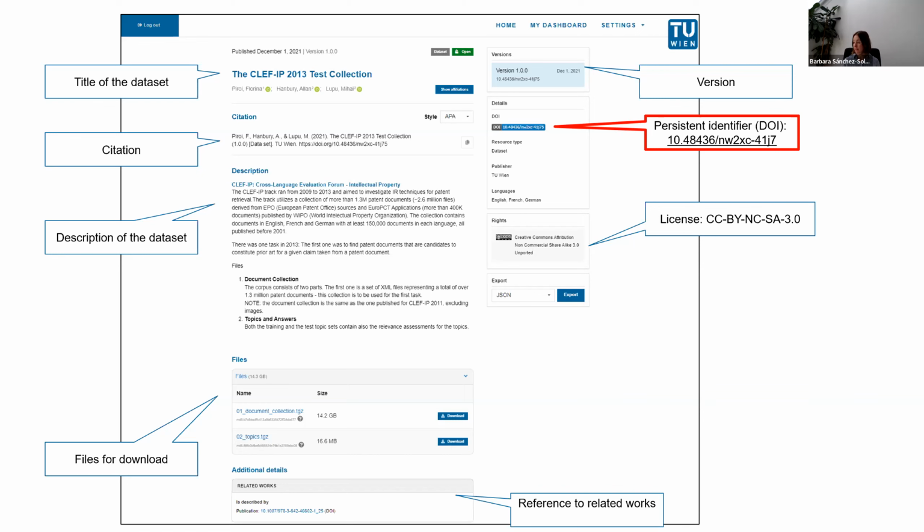You can provide, if you want, the files, the data files for download, supplementary material, README files, reference to related works that can be publications, but also code again. And of course, a usage license. So this is also a very important thing you should think about from the beginning, and you should state in the proposal which kind of license you would like to provide.